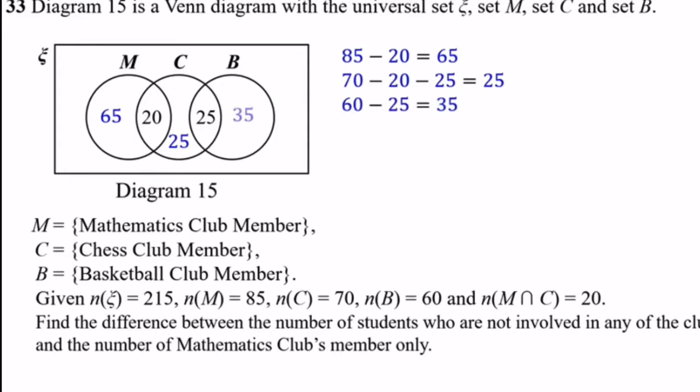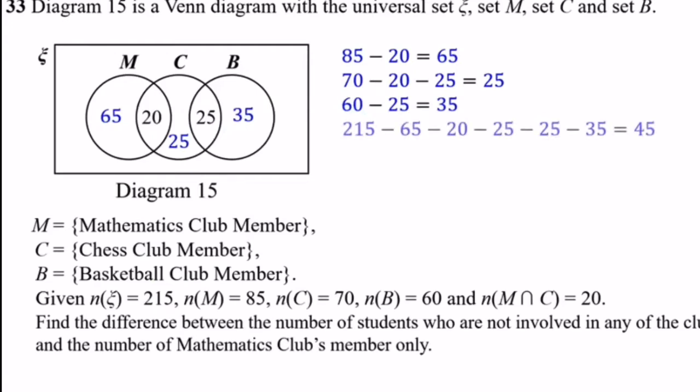Now, because the total number of students for the universal set was given, we can find the total number of students who are not joining any of the clubs. So you take the total of the universal set, which I highlighted in green color, minus out the ones that I highlighted in blue color, which we worked out just now.